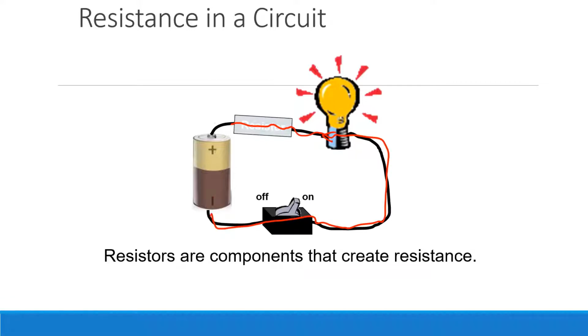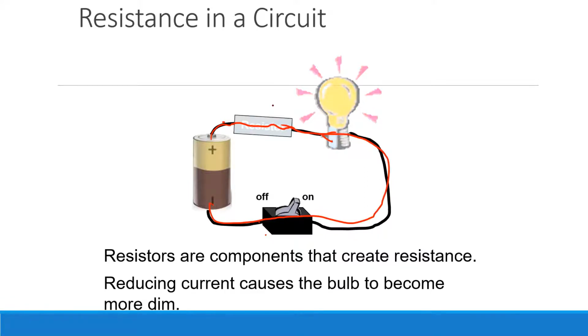You can't have a little bit of current here and a lot of current at the bottom, because then you would end up with a big bottleneck, meaning lots of electrons in one place, and electrons don't like that. But if you reduce the current, the light bulb will become dim, because it needs a lot of voltage to push its way through that resistor.